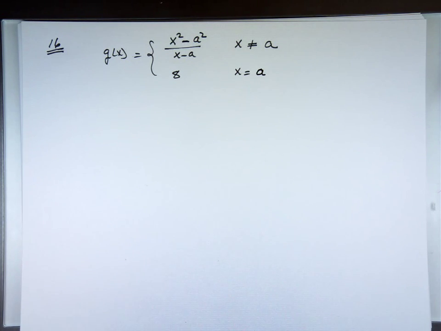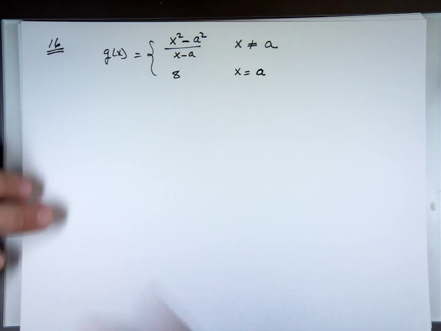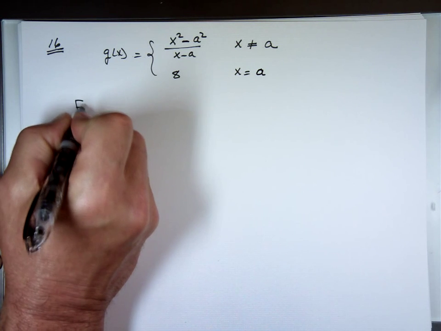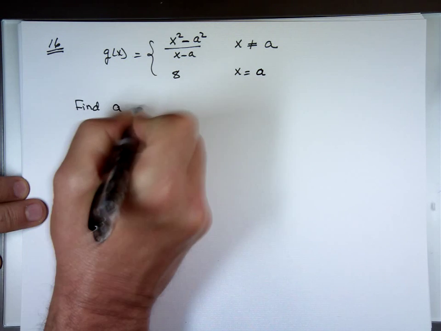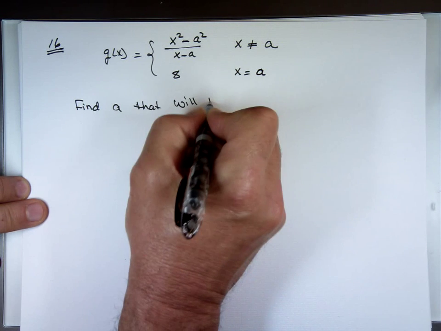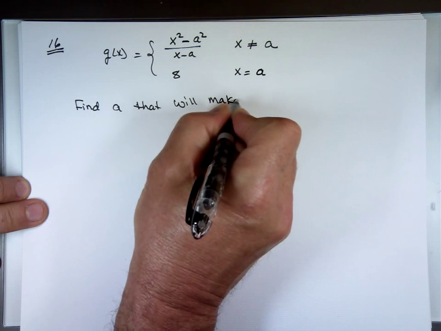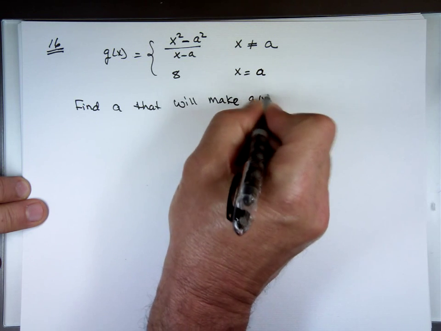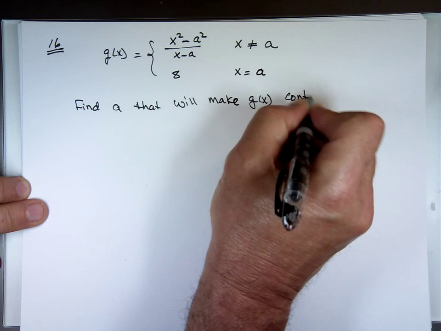And the question: find A that will make it continuous. What does A have to be?